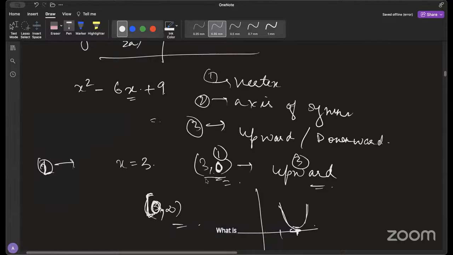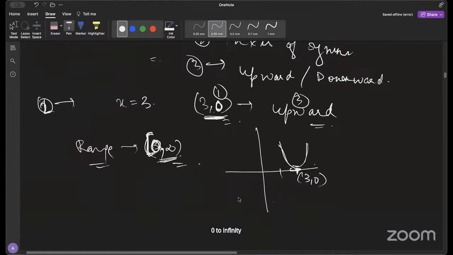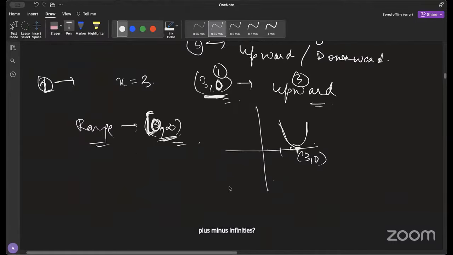If this is the vertex, then that's the range: from 0 to infinity. It's just infinity, not plus minus infinity. It starts from 0 here and goes till infinity. This arrow means it keeps extending.